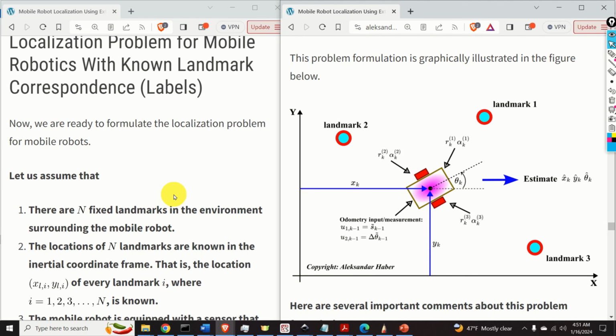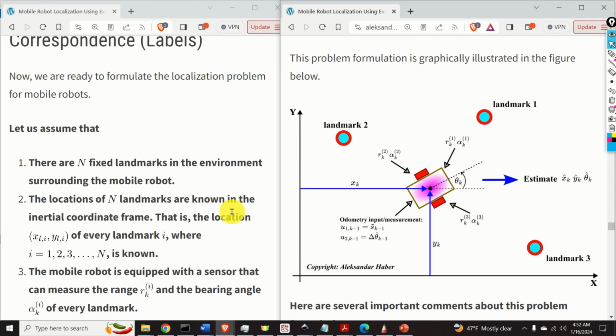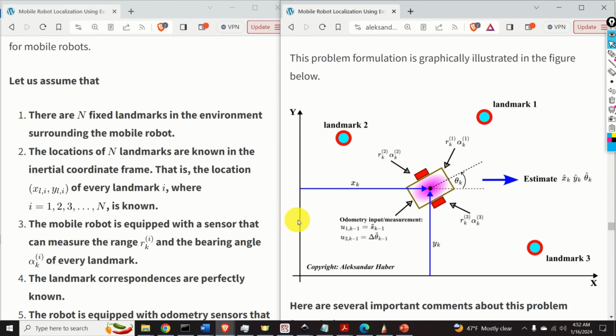And finally, we are ready to define the localization problem for mobile robotics with known landmark correspondence. The problem formulation is illustrated over here. Let us assume that, number 1, there are n fixed landmarks in the environment surrounding the mobile robot. Here we have 3 landmarks. Number 2, the locations of the n landmarks are known in the inertial coordinate frame.